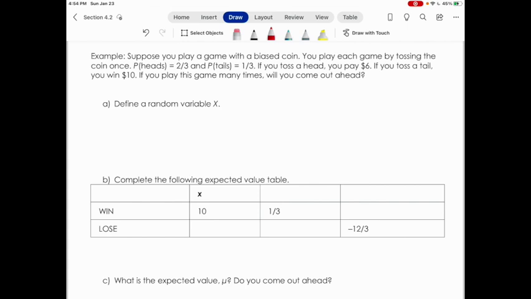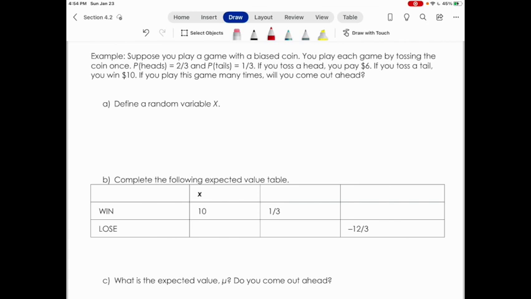The probability of getting heads is 2/3, and the probability of getting tails is 1/3. If you toss a head, you pay $6, but if you toss a tail, you win $10. So if you play this game many, many times, will you come out ahead? What's your expected win or loss?